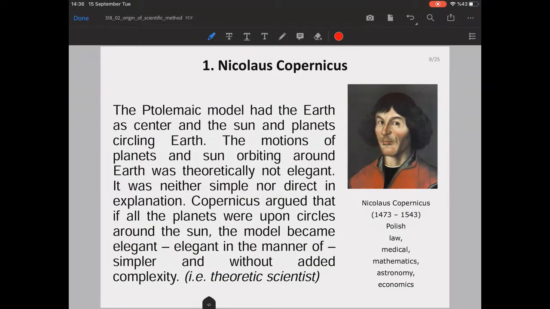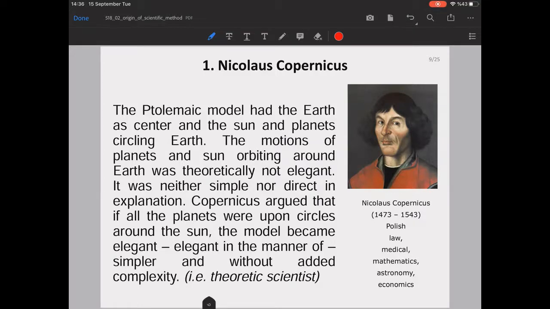The Ptolemaic model had the Earth as the center and the Sun and planets circling the Earth. The motions of planets and Sun orbiting around the Earth were theoretically not elegant. It was neither simple nor direct in explanation. Copernicus argued that if all the planets were on circles around the Sun, then the model could become elegant. What do we mean by elegant here?